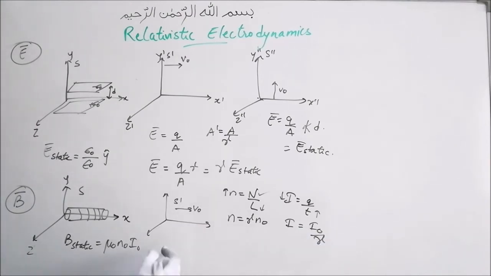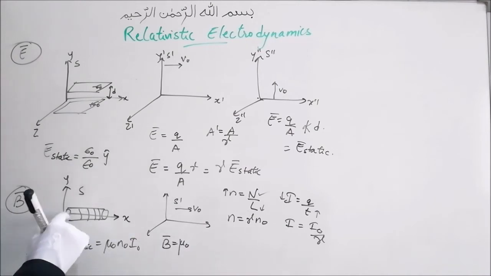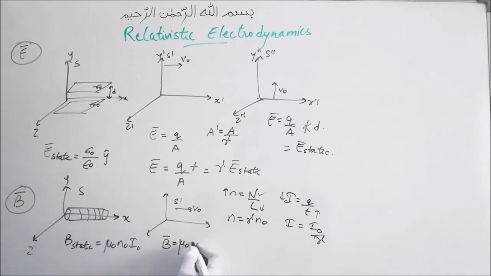But when you find the magnetic field inside the solenoid, it will be equal to mu naught n naught into gamma and I naught divided by gamma. Gamma and gamma cancel out, so we have mu naught n naught I naught. That is the same as B static.